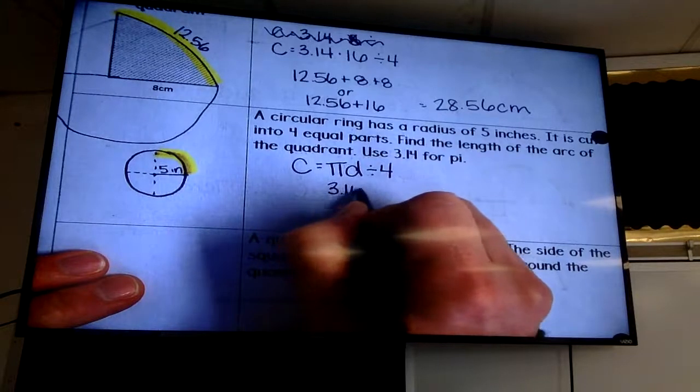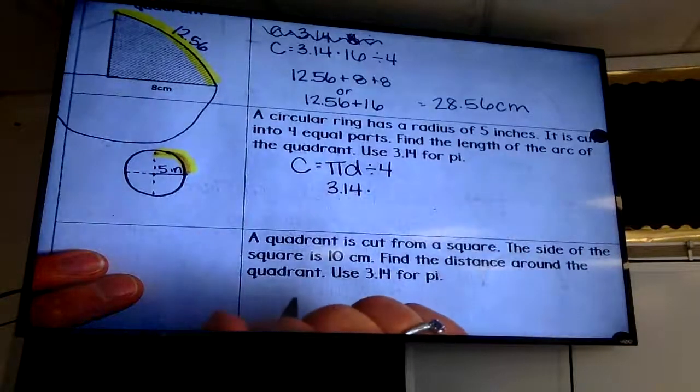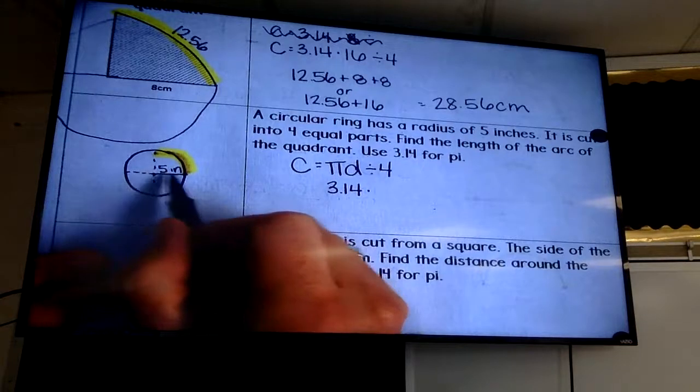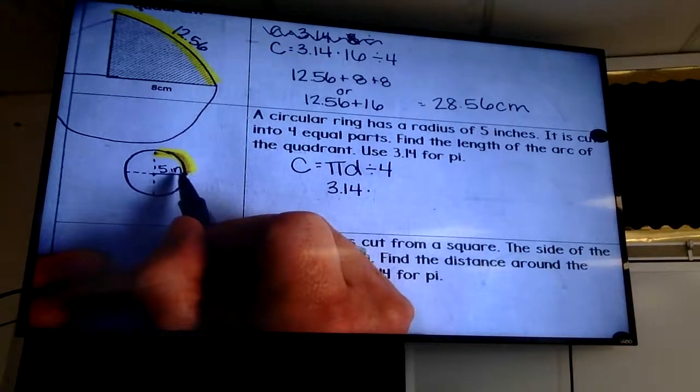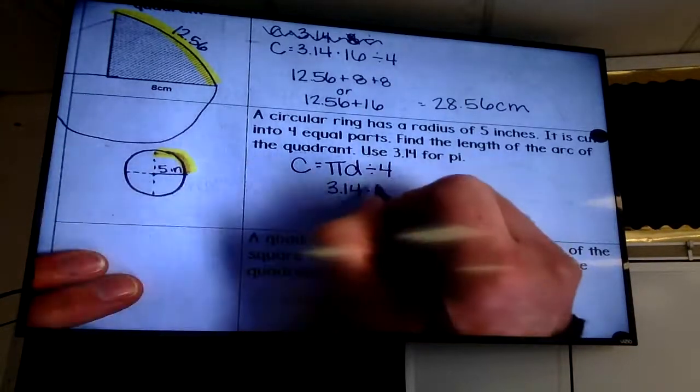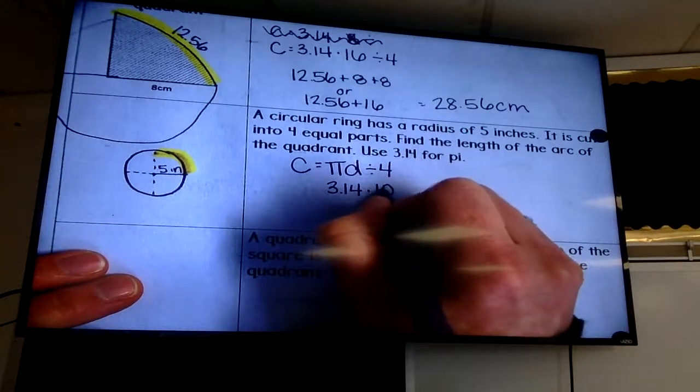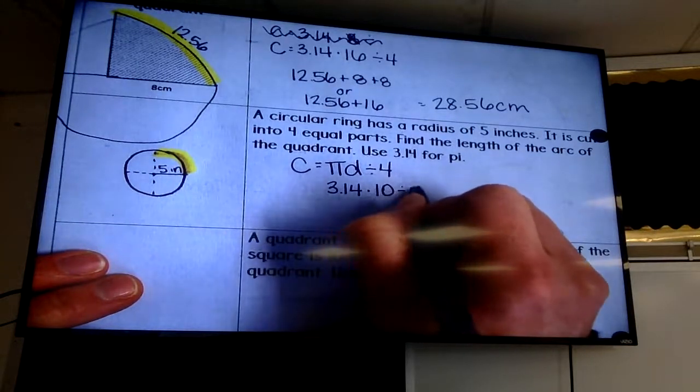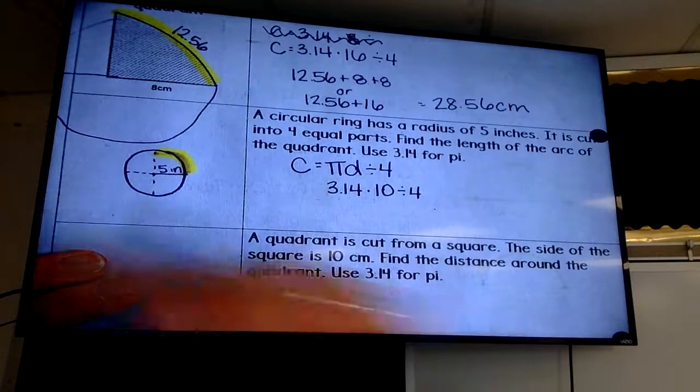So I have 3.14 times my diameter. Remember, this 5 only represents your radius. Your diameter would be all the way across. So times 10. And then because it's a quadrant, we're going to divide by 4.